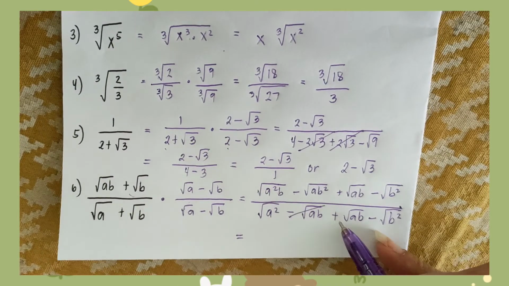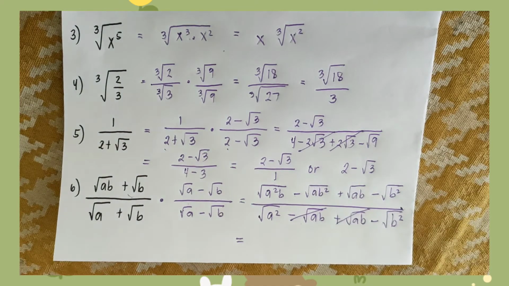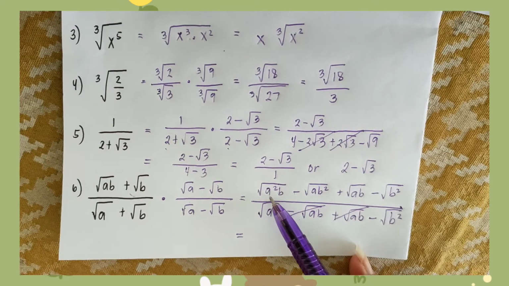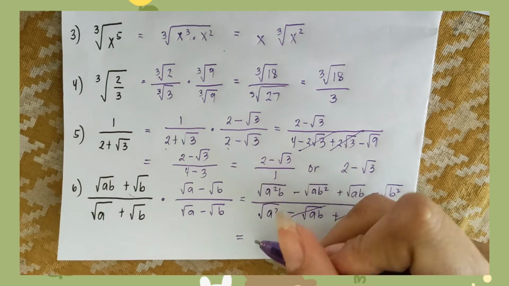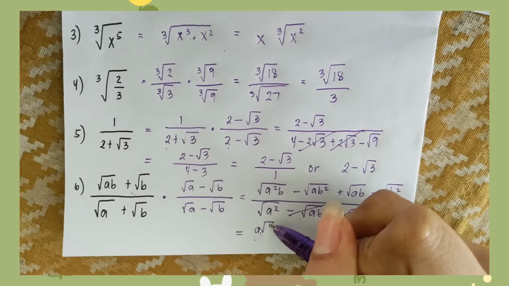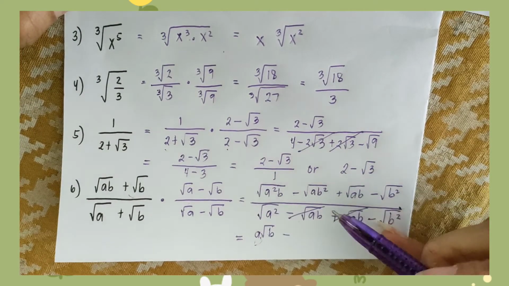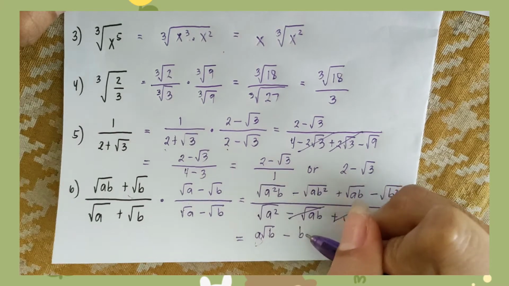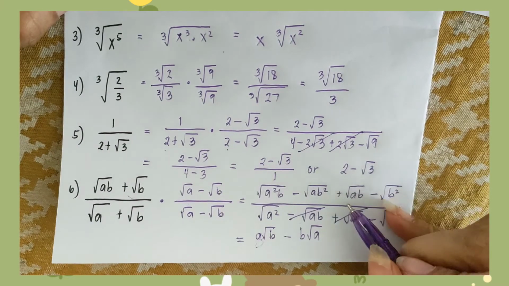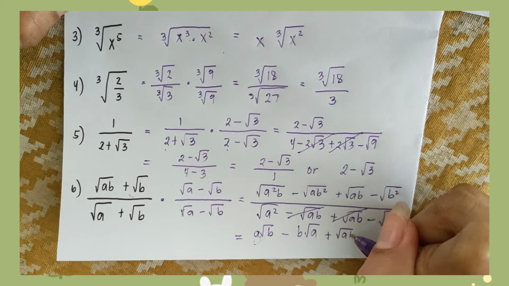So this will be cancelled out. What's left is, we have the square root of A squared B. This is A square root of B. Next, minus square root of AB squared. This is B square root of A plus square root of AB.